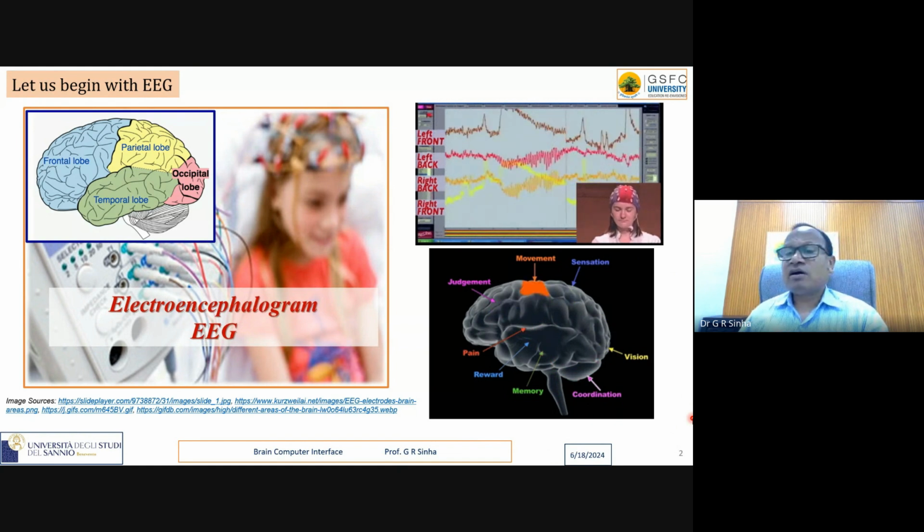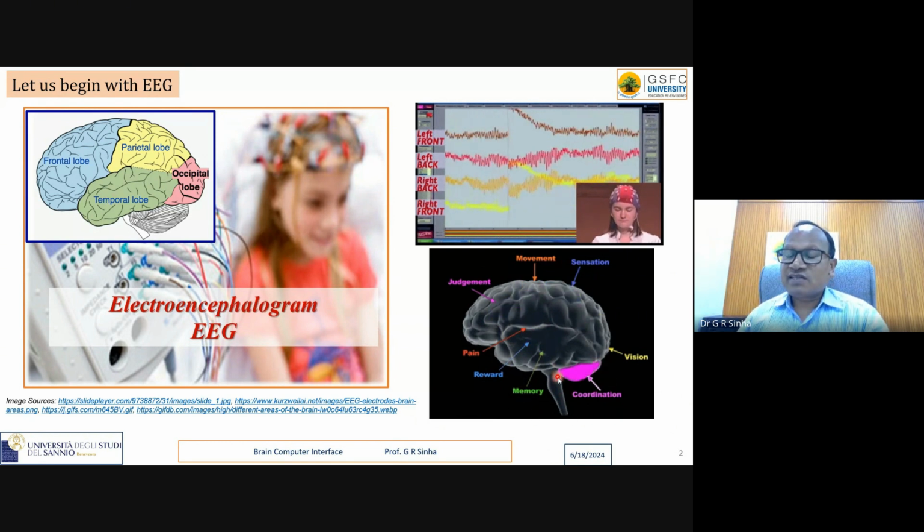This third picture is talking about, if you can recall, what I explained yesterday: the frontal area, when you do some judgment, when you do some movement-related thing, is associated with the frontal area. Sensation is related to the parietal. The reward or memory appreciation, memory related or pain related functionality is associated with the temporal area.